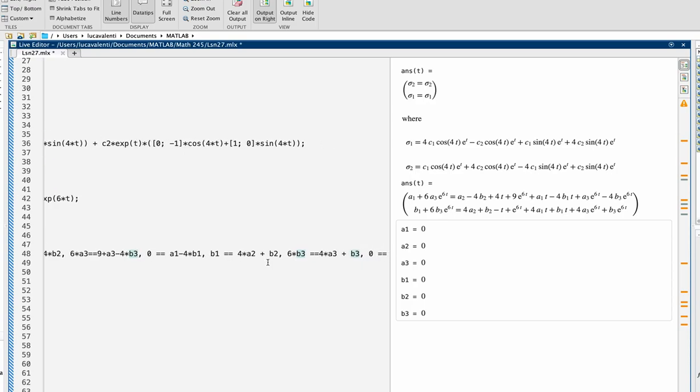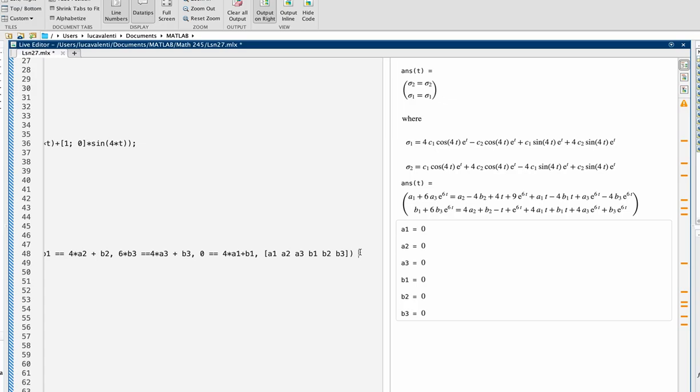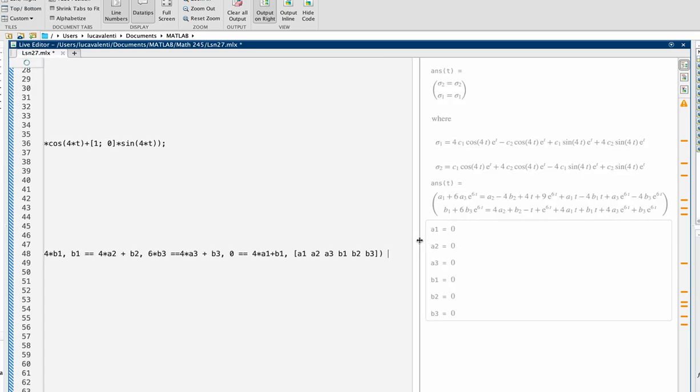Okay. And then let's see the other ones. This one didn't change. This one, B1 and 4A2, B2. This one didn't change. Now this one, 6B3, e to the 6t. So 6B3 is equal to 4A3 plus B3. That one didn't change. And then this one didn't change. So let's see now, if I press Control Enter, if I get the right thing.